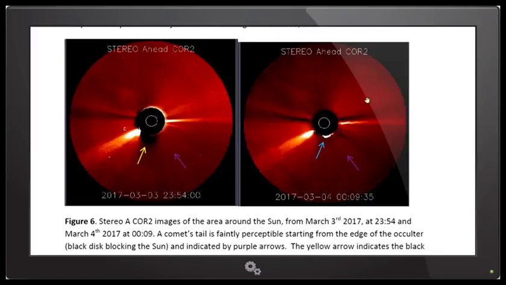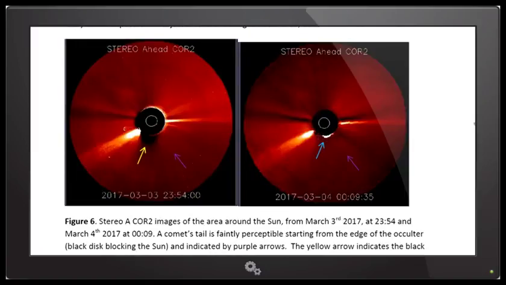It also caused a reaction with the camera system of the STEREO satellite that images the sun. Immediately, this very large round circle shadow at the base of the sun disappeared, and then there was a very large illuminated circle at the base of the occulter.